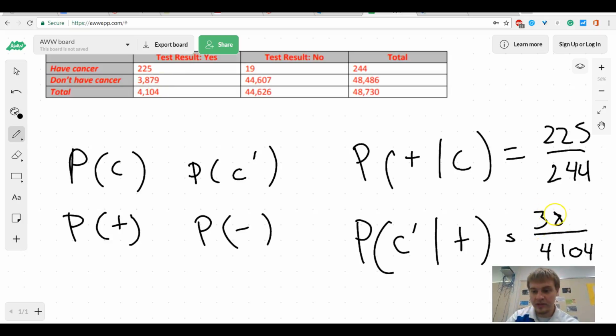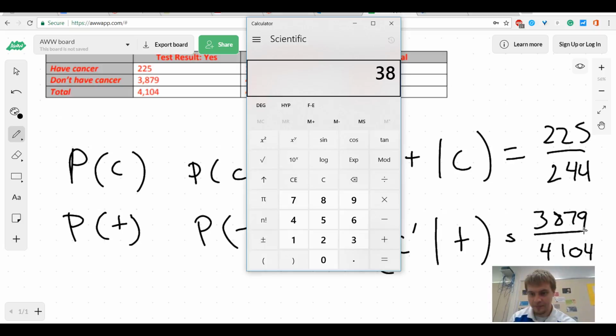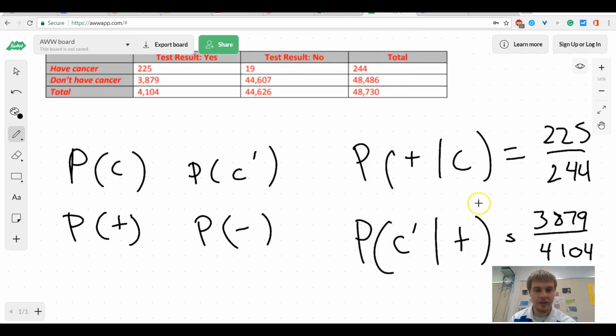So this test is pretty bad, because when you look at that, 95% of the people that took this test and tested positive ended up not having cancer. So this test is actually really, really bad at predicting whether you have cancer or not.